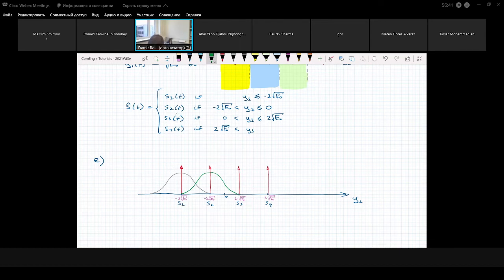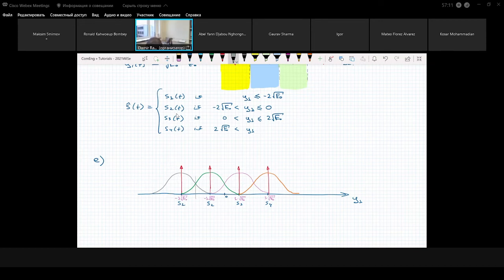Then for S3. And finally, this is what we get when we transmit S4. And you don't have only one possible voltage, but again, you have the whole range of possible output voltages.